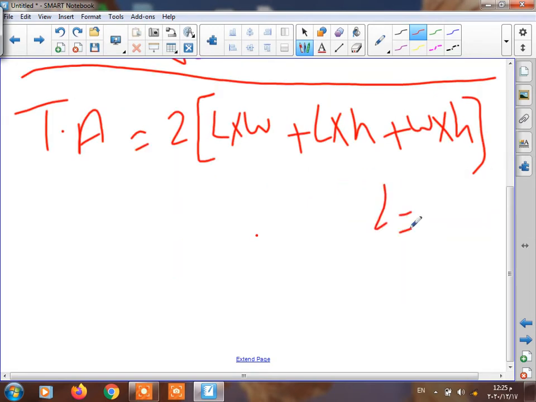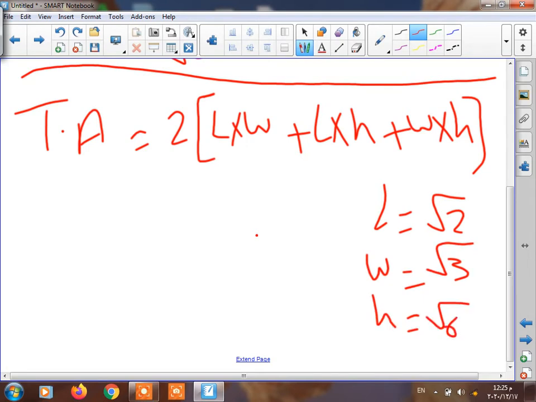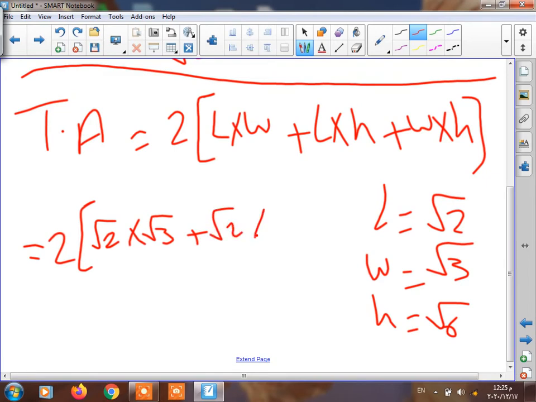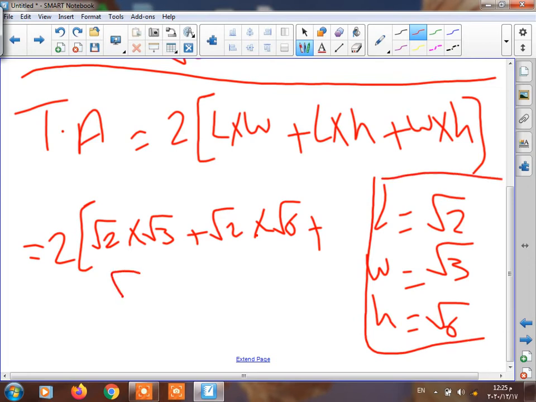Length root 2, width root 3, height root 6. Apply your rule. 2 times, between braces, root 2 times root 3 plus root 2 times root 6 plus root 3 times root 6.